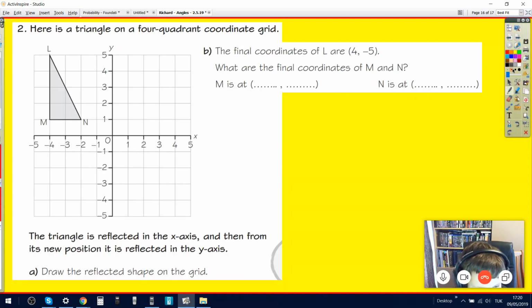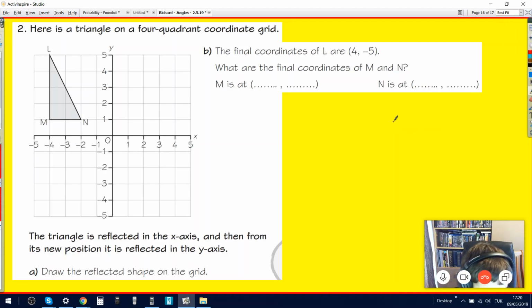So first we will need to reflect it in the x-axis, and then from its new position it's reflected in the y-axis.